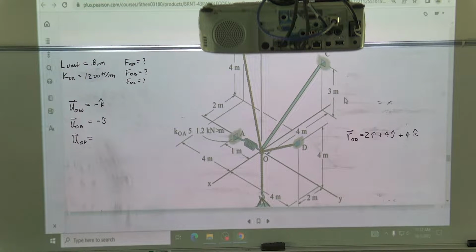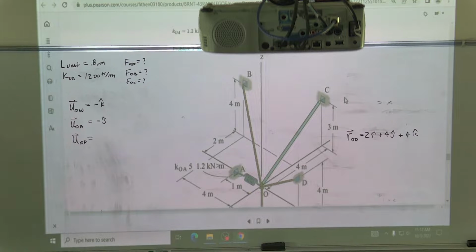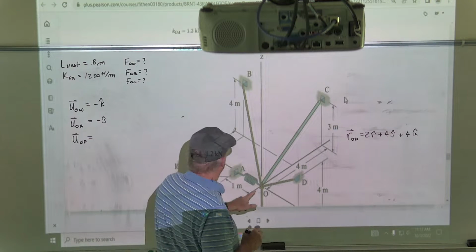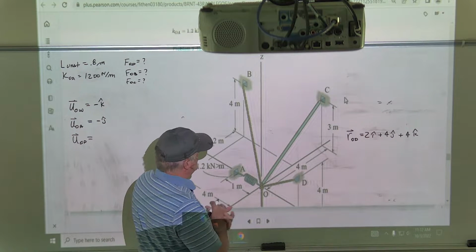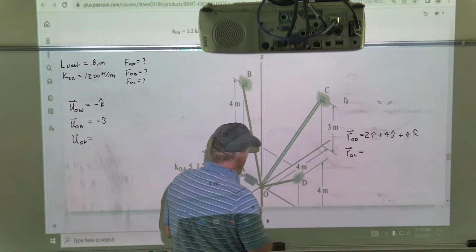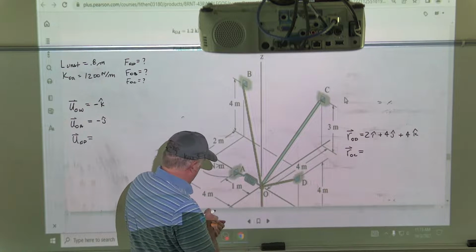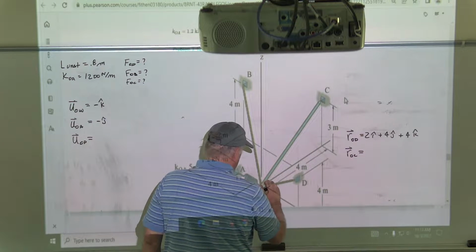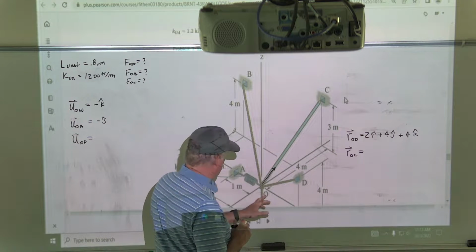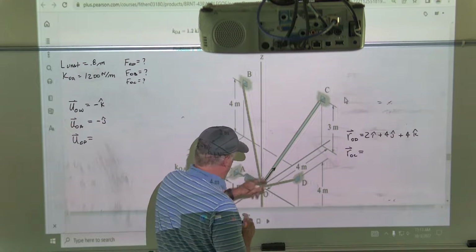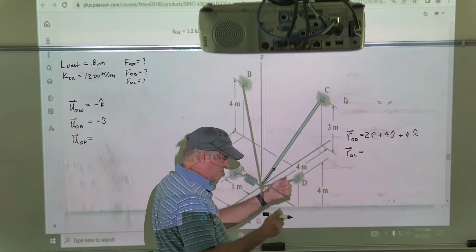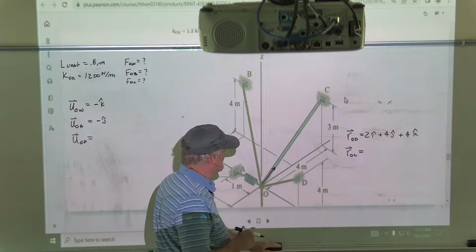And so now I'm going to scroll down. And then I don't need that information to get to D. Now I need to get to C or to B. Okay, so if I go R, O to C, I'm going to assume it to go this way. You may find that the vector flips, because this may hold it out, which is why they did it as a strut, so it might be in compression. You take a rope, you put it in compression, it just flops. If you pull it in tension, it stays there.